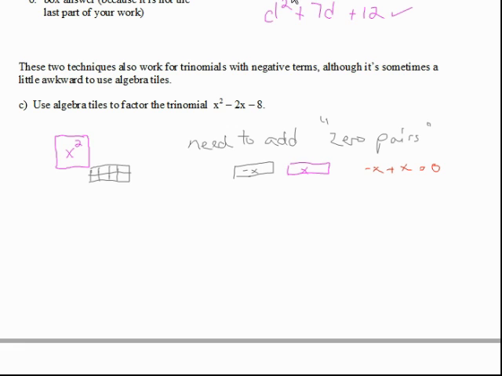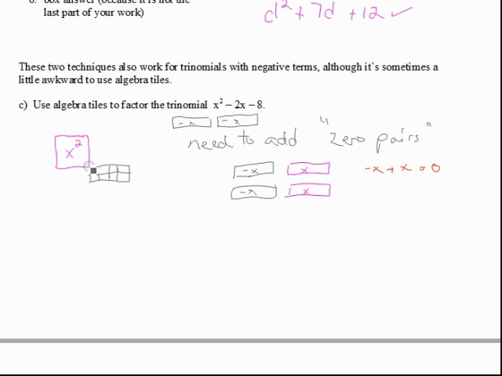So now if I do that twice, plus I had 2 more minus x tiles, right? That I had from up here that I haven't used yet.